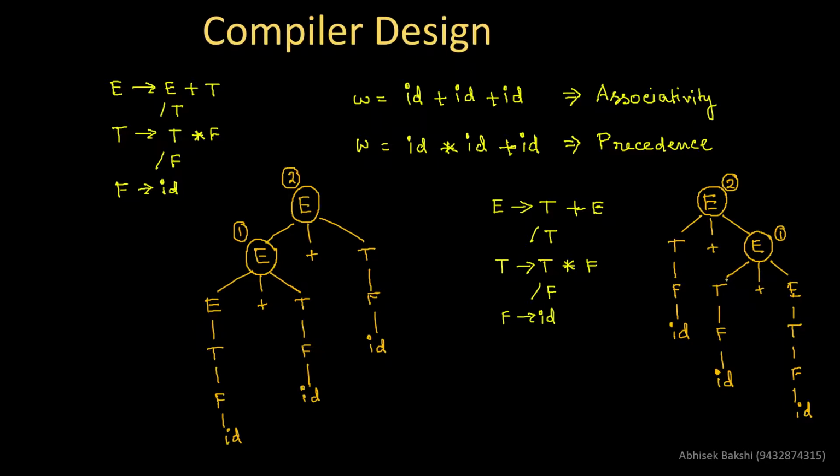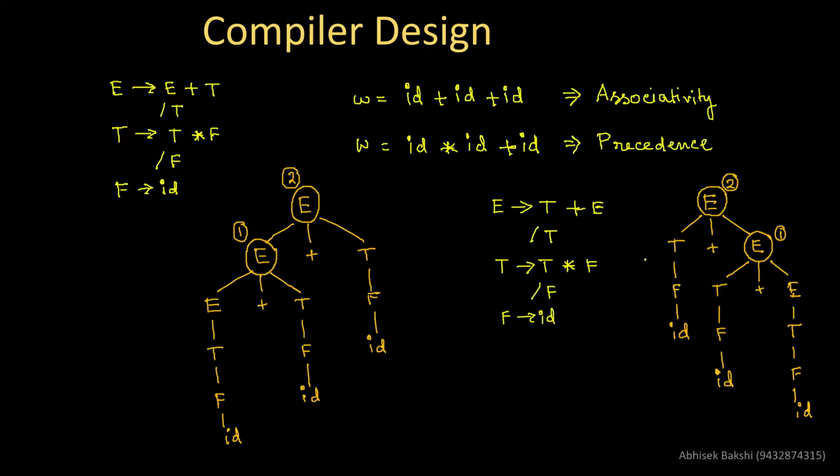So according to this grammar, plus is right associative. But one thing is common in both cases. Can you tell me what? The node present at the higher level is always executed before the lower level. This is common, right? So that is the common part.